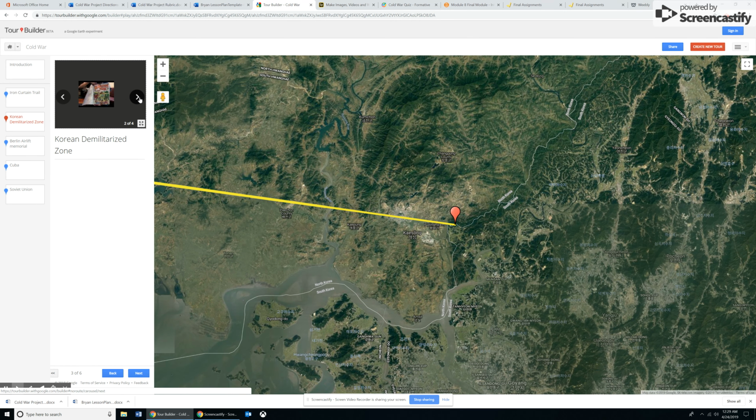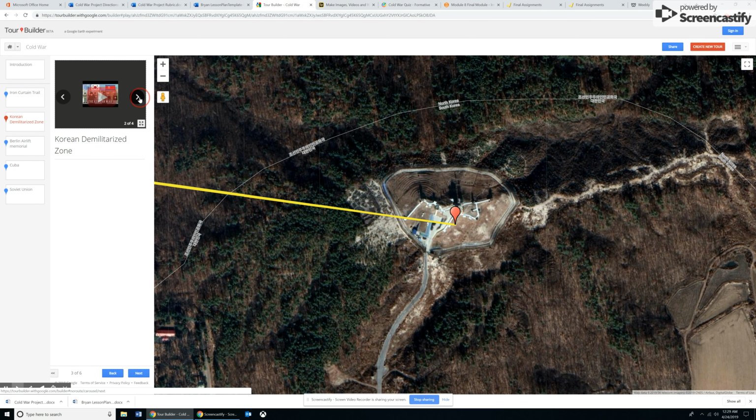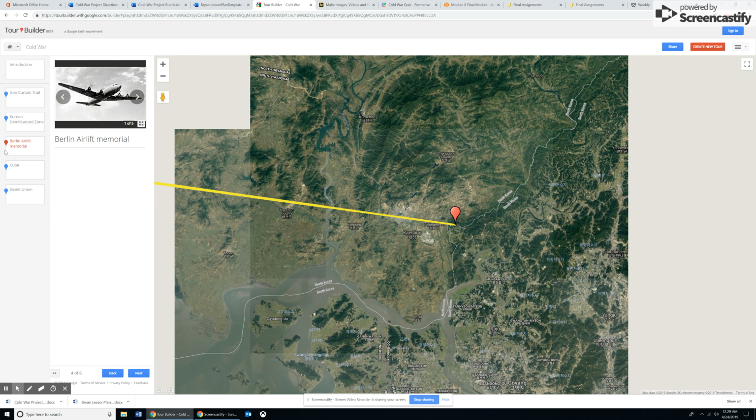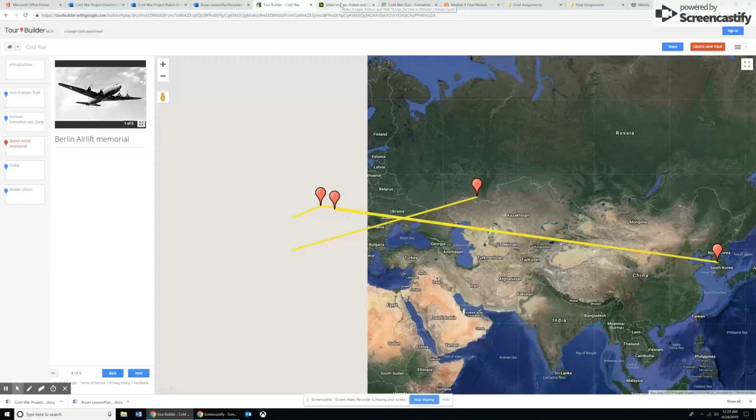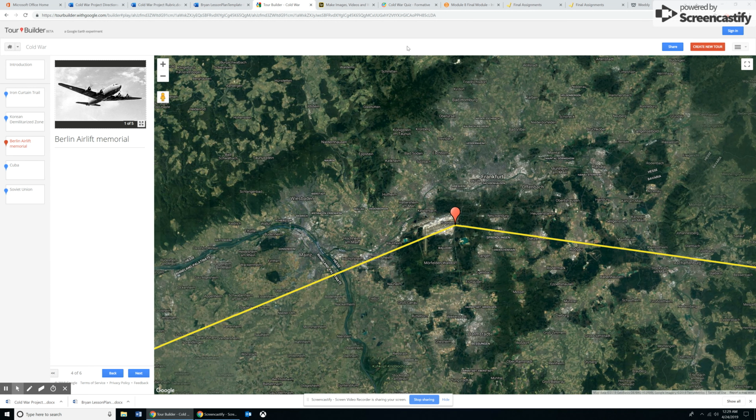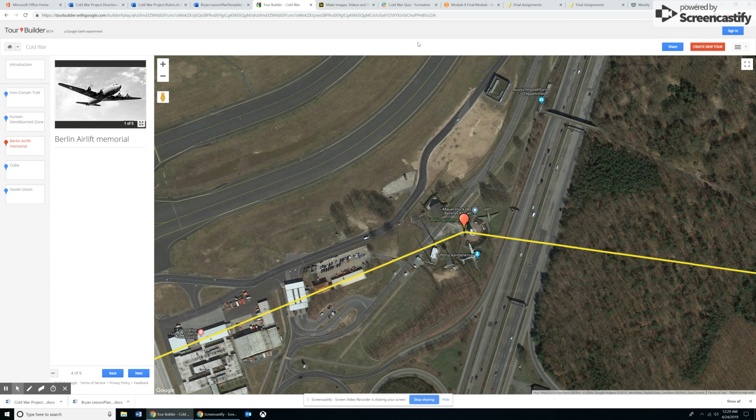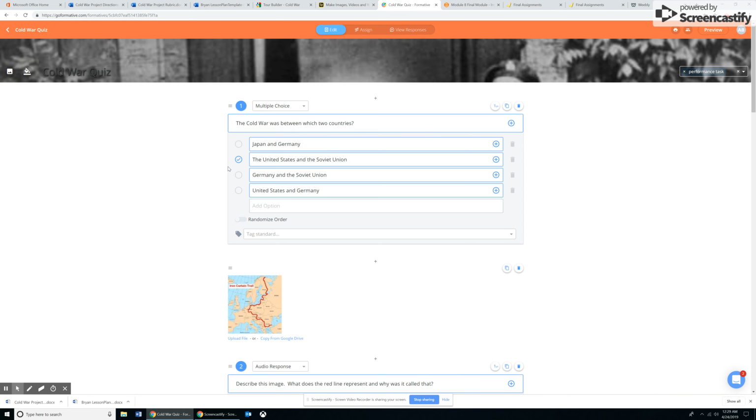The students are expected to take notes to help understand the material from these locations and these events that happen in the world. And once they feel that they are confident with the material and they've taken sufficient notes, have a good understanding, there's a quiz that has a variety of different questions on GoFormative that the students can use.